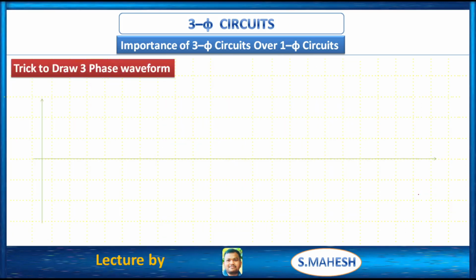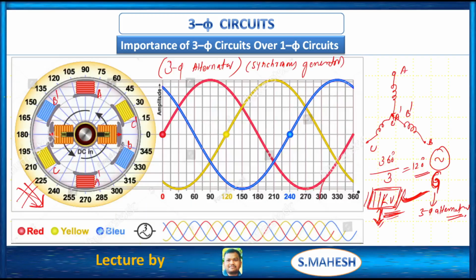Now here I am providing, before that, see, from here to here, how many degrees? 120 degrees. Again from here to here we have 120 degrees. From here to here we have what? 120 degrees. See, for example, the red color represents what?